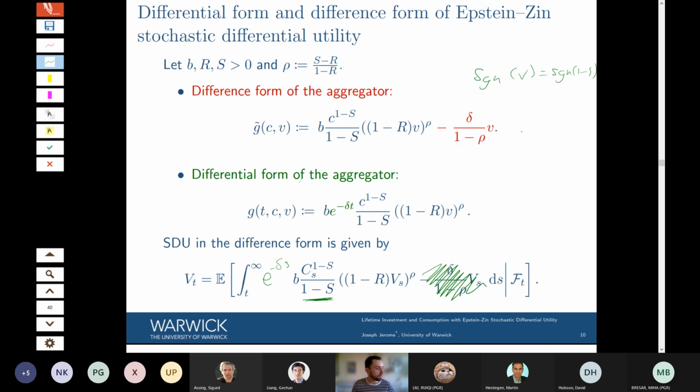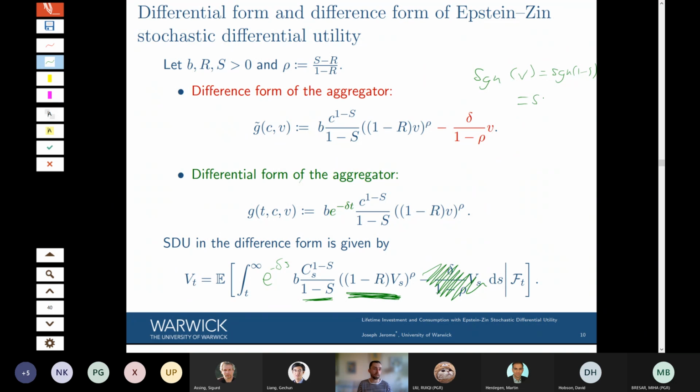Okay. So it's worth noting here that the sign of the value process at time t is always going to be equal to the sign of 1 minus s, by just looking at the integrand. And we also notice here that the sign of v is also always going to have the same sign as 1 minus r, because this rho might just be any real number.